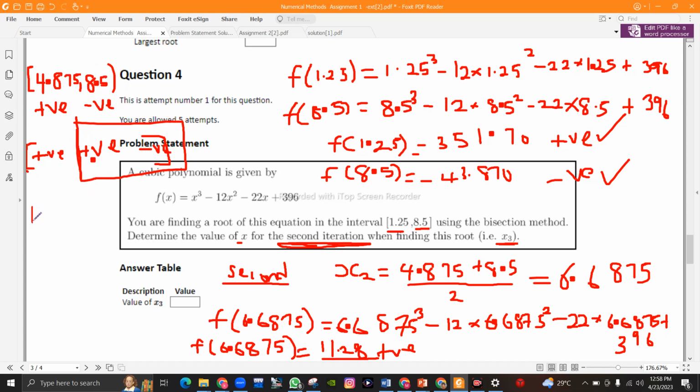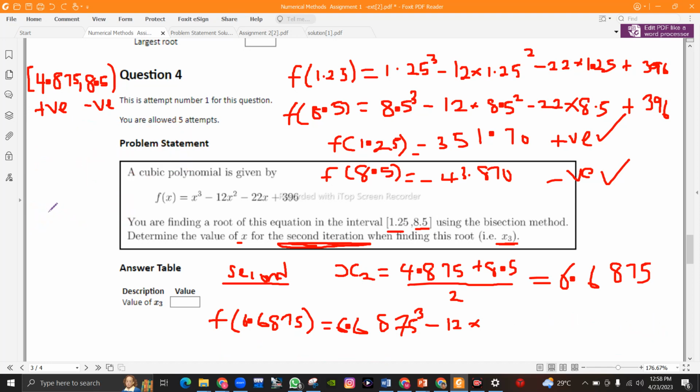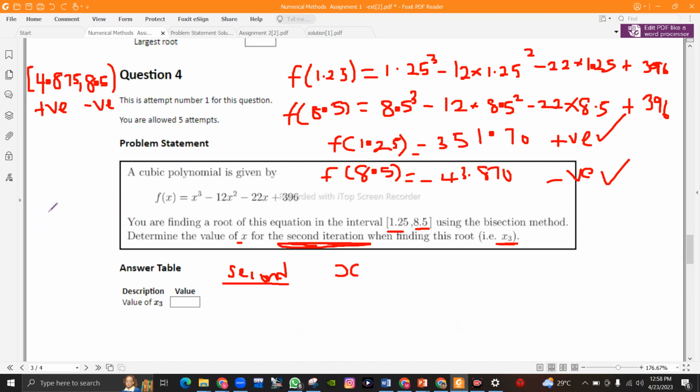So the new answer now is between 6.6875 and 8.5.